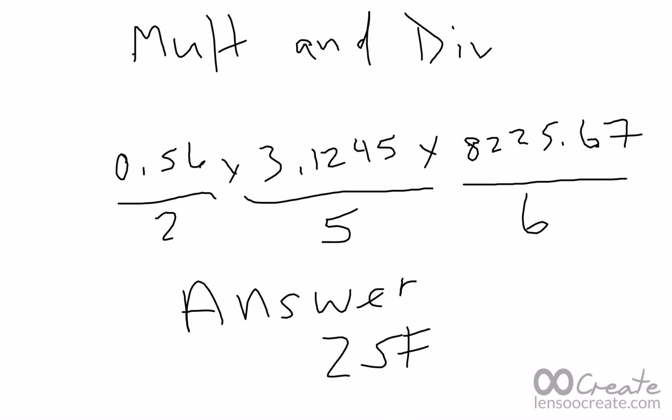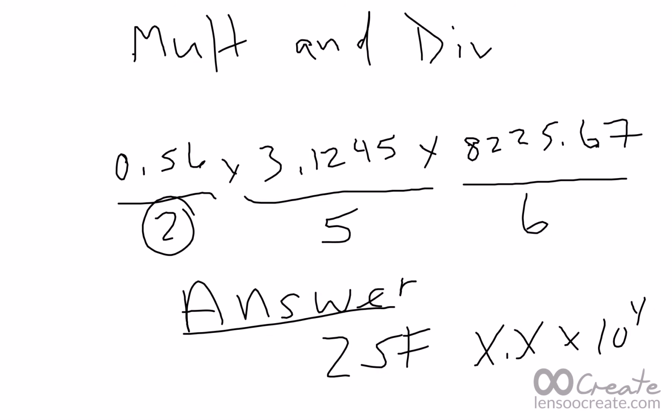If you end up getting a large number, you're going to have to convert the number into scientific notation, and your scientific notation will say x dot x, where x are 2 different digits, times 10 to the y, whatever y's power is. All right. So for multiplication and division, again, you are going with the smallest number of significant figures in each of your measurements. That is what your answer is permitted to have.